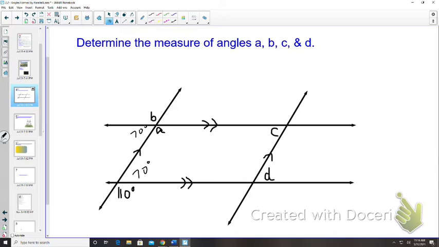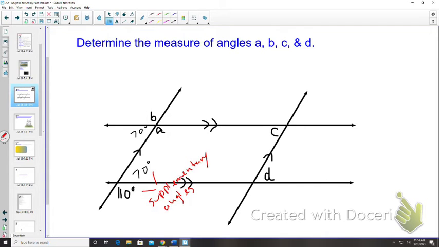We call those supplementary angles. Remember that from yesterday? Okay, so those are supplementary angles, that's how we know that adds up to 180 degrees. But we don't really care about that angle, right? We care about A and B and C and D, okay?